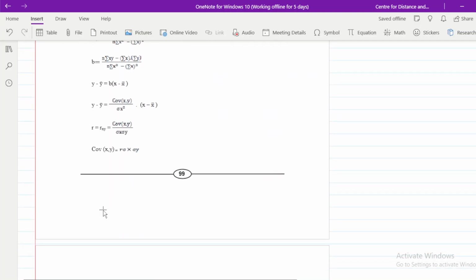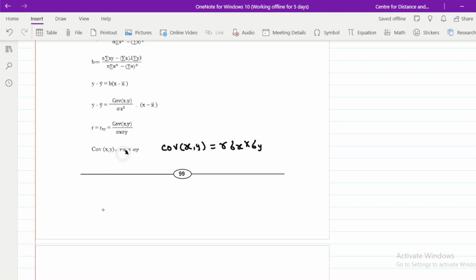From this equation we get covariance of xy is equal to r into sigma x into sigma y.